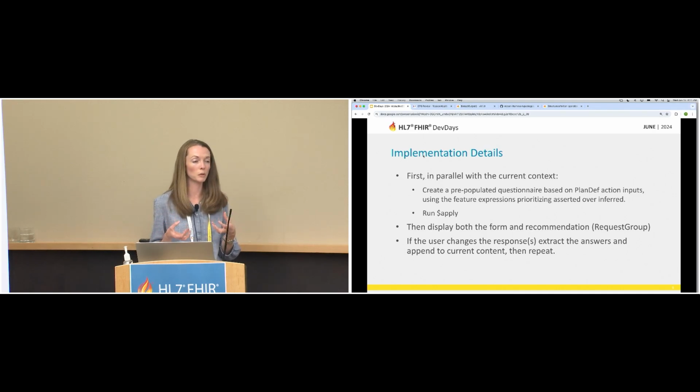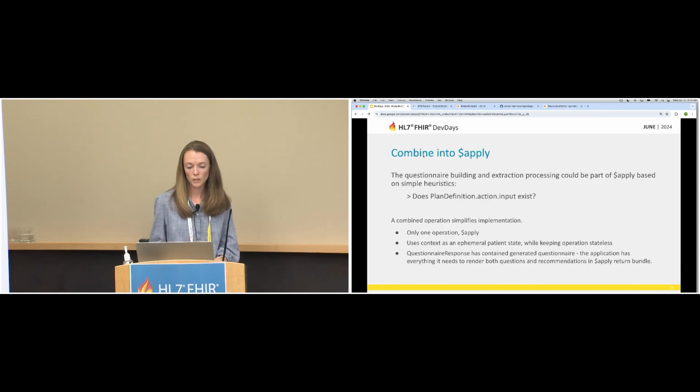And we're showing a really small example, but this can start higher up in that tree on the pathway definition, and work through all of those inputs required. What we're proposing as potentially part of apply in CPG is that if there are inputs on the plan definition, we just automatically return that questionnaire and pre-populated questionnaire response in the apply operation.